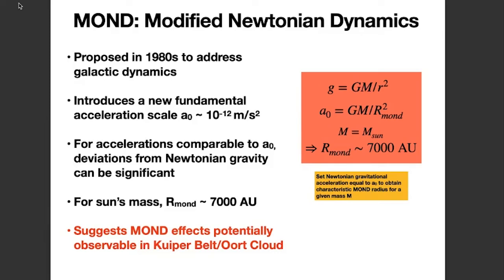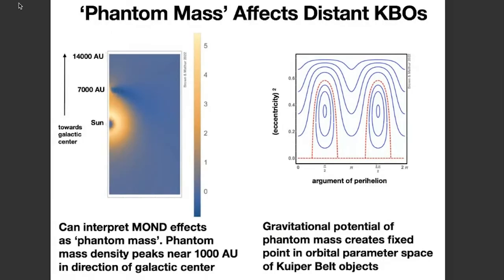So that suggests that there should be evidence of MOND, or deviations from Newtonian gravity that are predicted by MOND, out in this region. You can understand the effects of MOND in terms of something called a phantom mass. This isn't a real mass, but it's just a mathematical term that can be interpreted as mass. And we show that the distribution of phantom mass in the outer solar system is actually peaked right in this region.